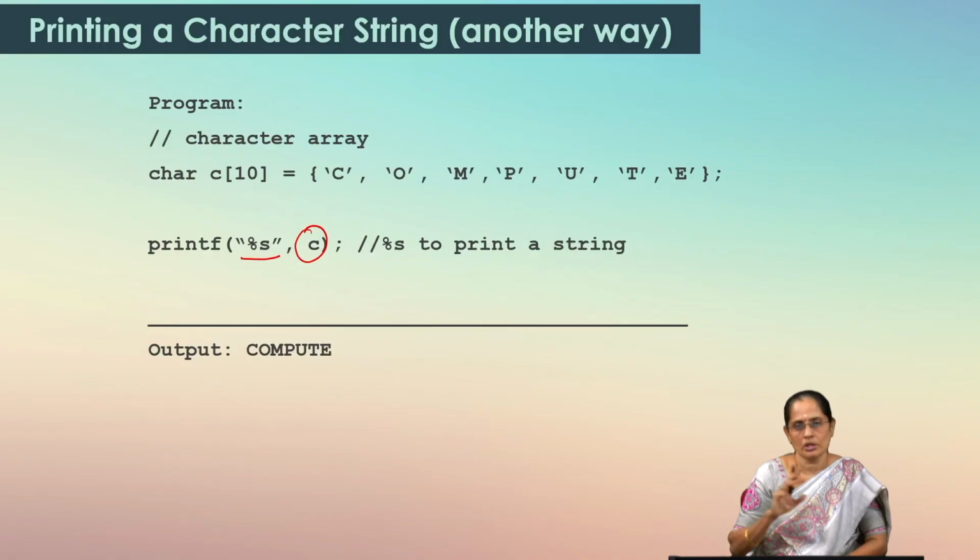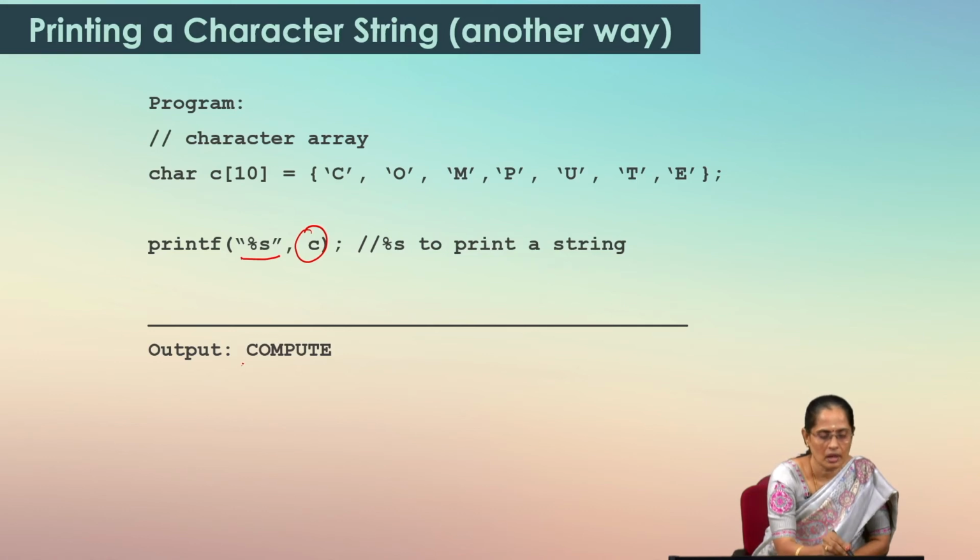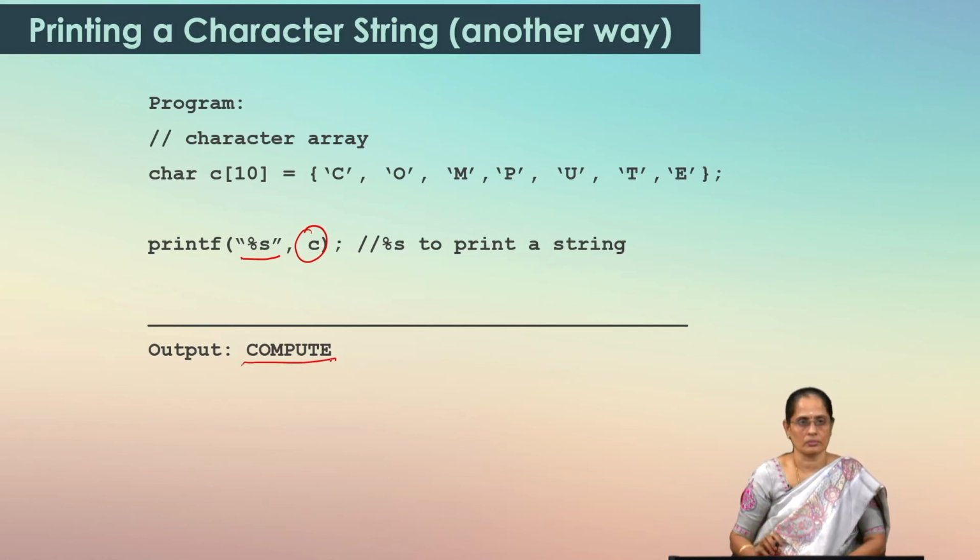If you mention the name of the array as C, it moves to the first location, the base address of that array, and from there onwards %s will automatically retrieve the characters until it encounters the null character. So, it is able to read the string as a whole without a looping structure.